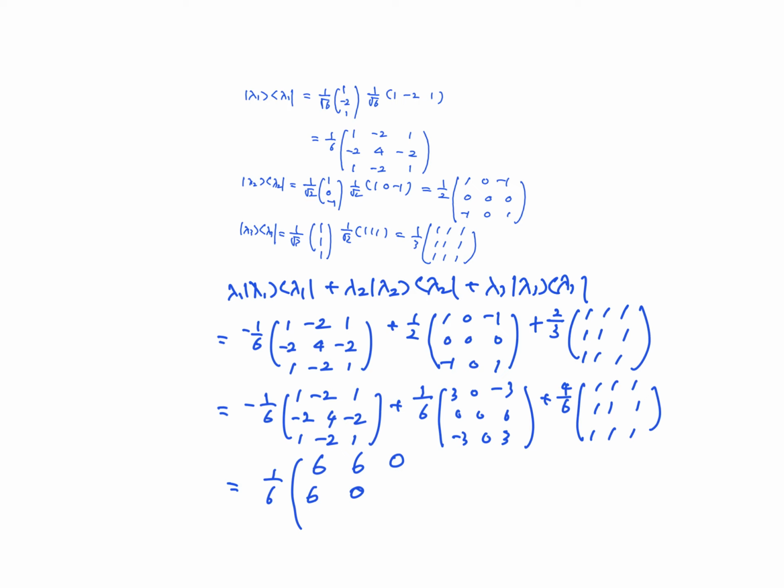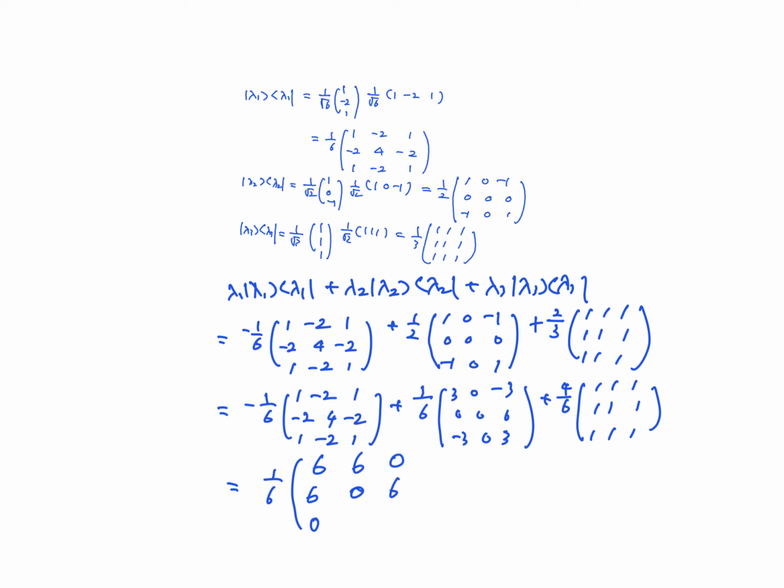How about the last one? This is plus 2, this is 0, plus 4, 6. This is minus 1, minus 3, plus 4, 0. Very good. And this is plus 2, right?